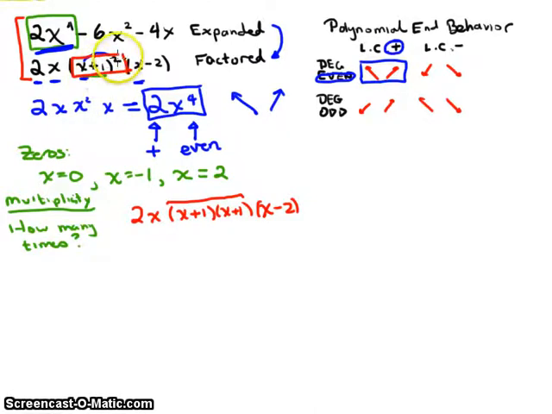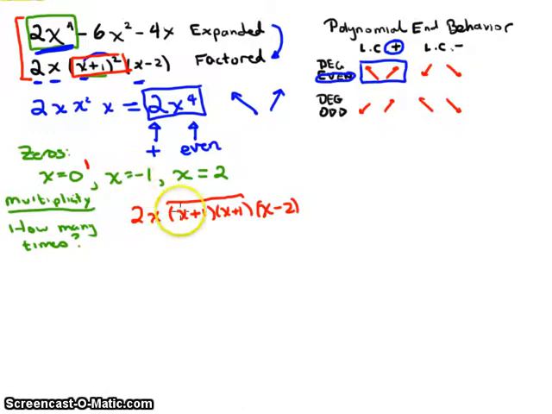Anything squared is just that thing times itself. And if it happened to be raised to the third power, I could write it 3 times. If it was raised to the 12th power, I'd write it 12 times, and so forth. So the multiplicity refers to how many times each factor appears. And so I see that my x, which gives me x equals 0, appears 1 time.